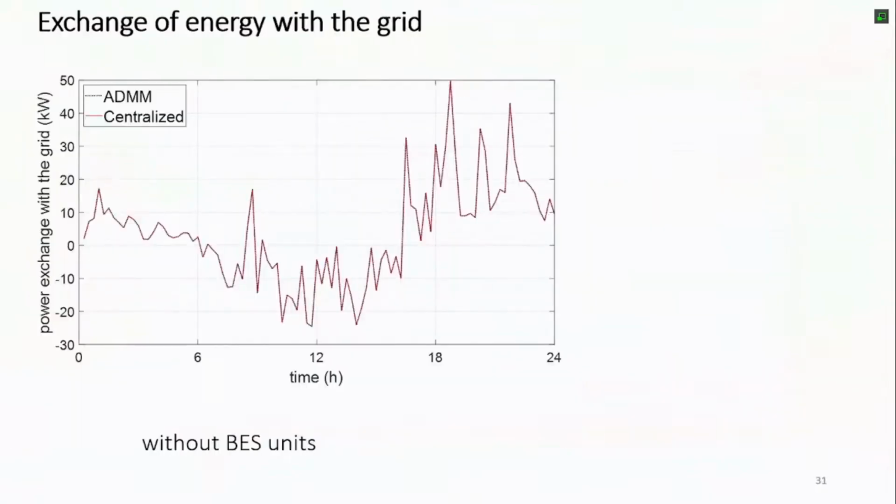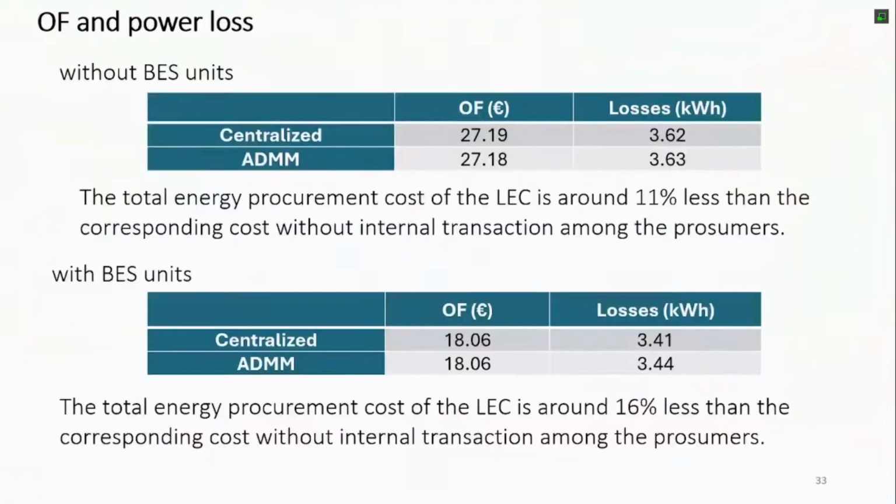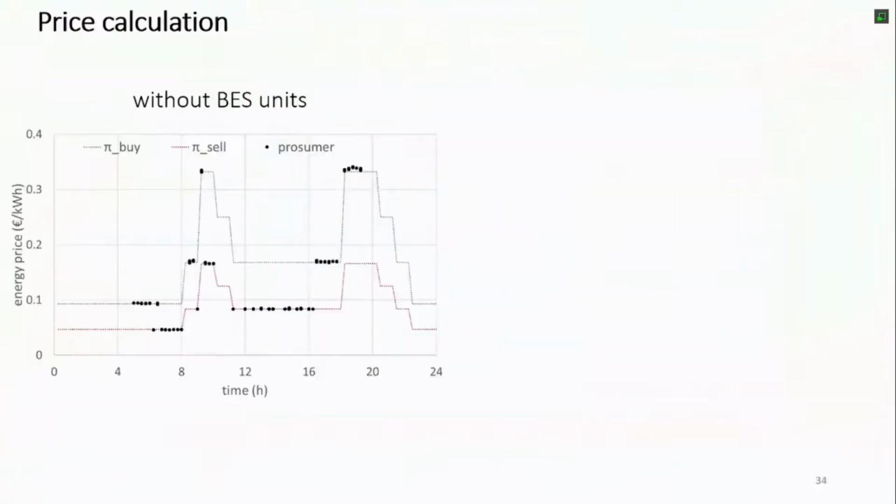So take into account this here. If we are going here, you see that the price of the internal transaction is aligned with the price P buy, so when you buy electricity, when globally all the community takes power from the grid.